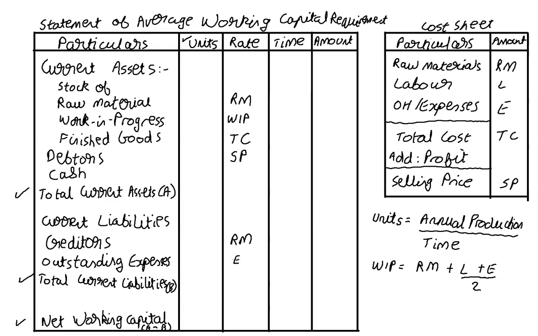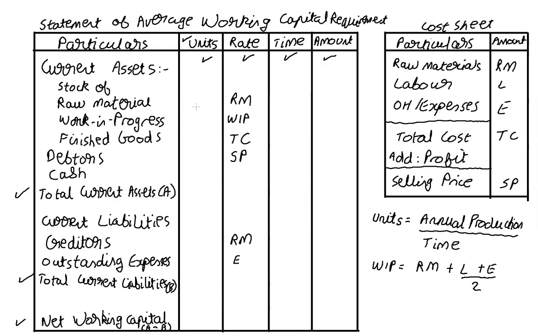Time is normally mentioned in the question. Only those items in current assets and current liabilities that have time will be factored in. Now, the idea is that you multiply whatever you get in units, rate, and time in order to get amount.